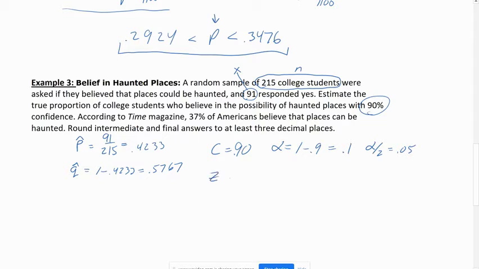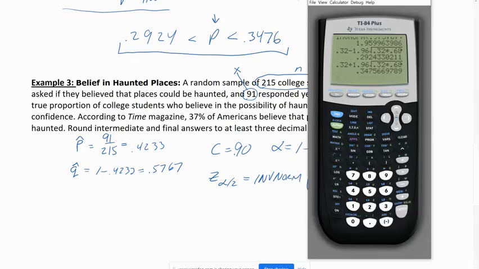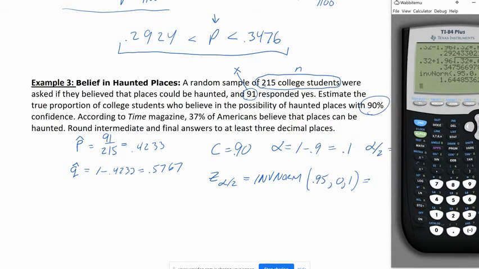So our Z value for alpha over 2 in this case, we're going to do inverse norm of 1 minus 0.05, which is 0.95. Let's see what our calculator tells us for that. Inverse norm 0.95, and it says that is 1.6449.